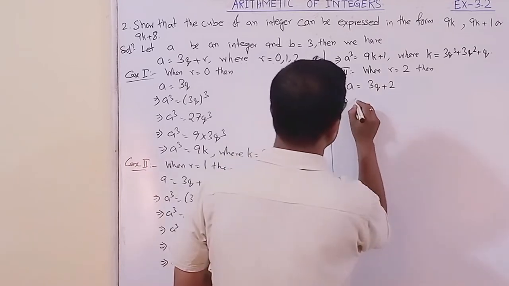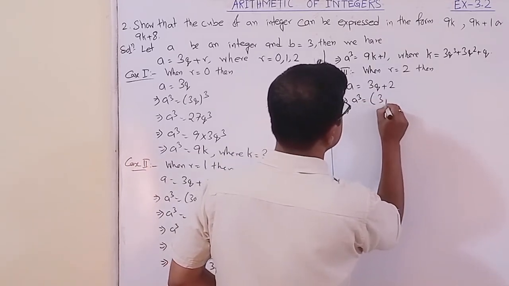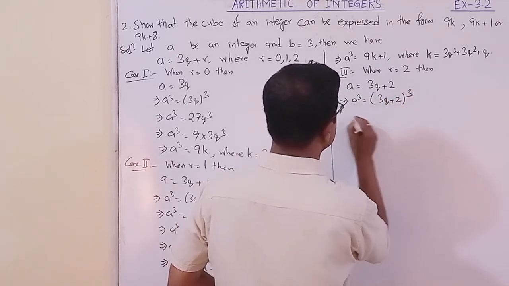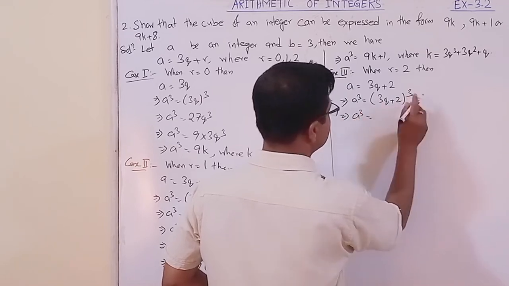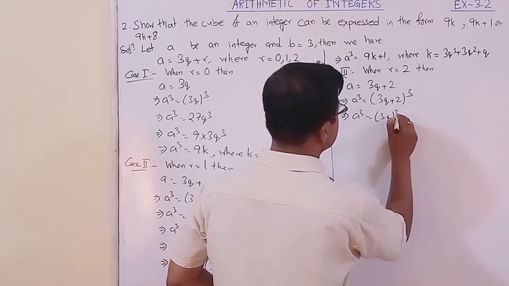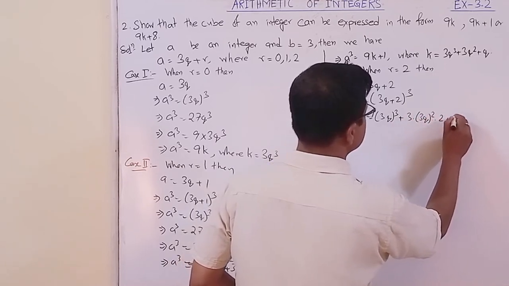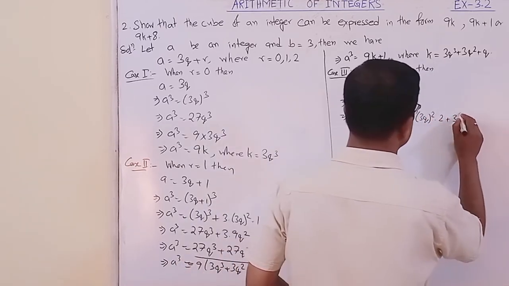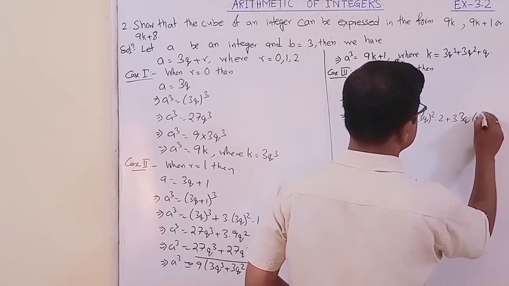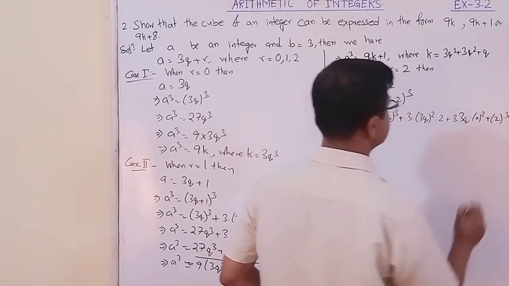We have to cube, a cube. So it is (3q plus 2) whole cube. (a plus b) whole cube is a cube plus 3a square b plus 3ab square plus b cube. This is the general formula.